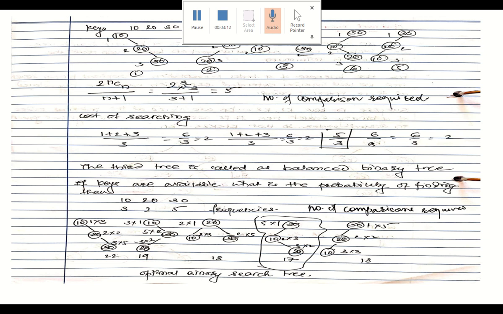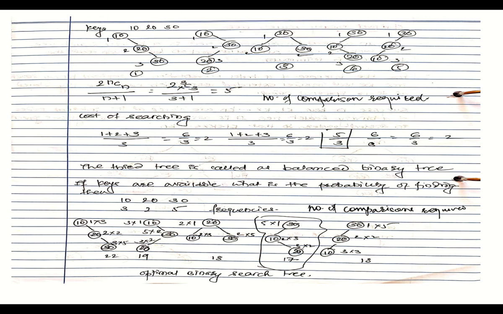The next part is how we can find different trees from given keys. In this example, 10, 20 and 30 are the three keys available, from which I have to generate some trees.